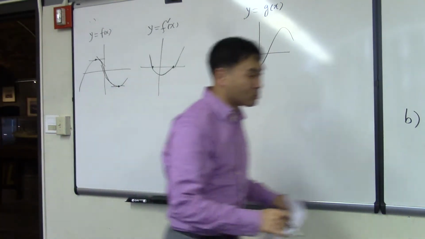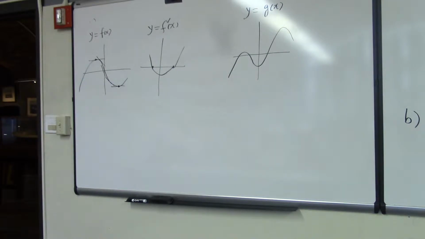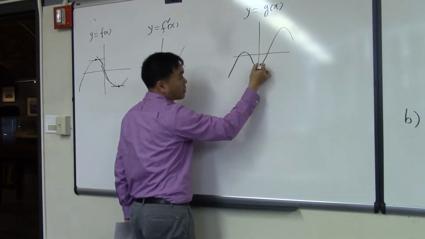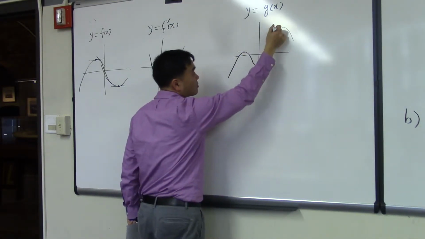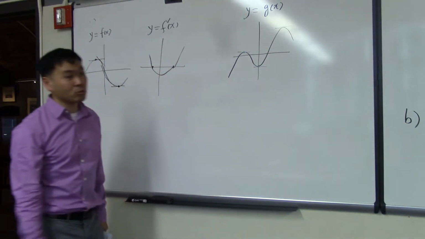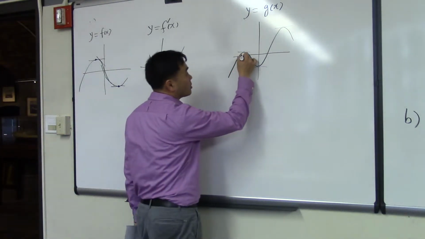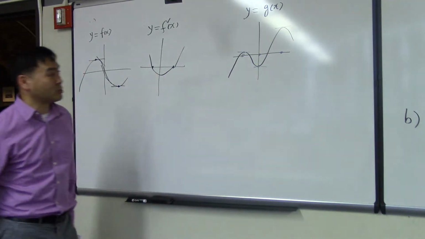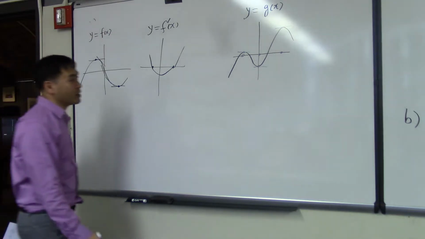For this one, let's just draw the graph over it. Again, the same story. I point out the points where you have the horizontal slope, because that's when the derivative is equal to 0, because the derivative is the slope of the tangent line.